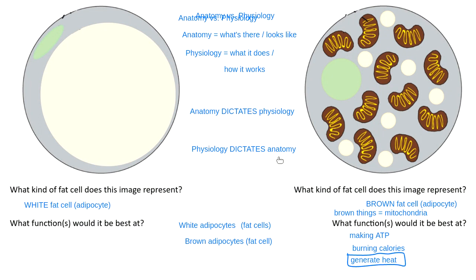So I know that this type of cell burns calories and it makes heat for my body, which gives me an idea that all of these mitochondria that live inside of it, when they're doing their job, must make heat as well. So we made a prediction about what this cell does in terms of burning calories, making ATP. We predicted that based on what was there. And then we used what we knew about its overall function to figure out how some of these smaller pieces worked, what their other job was.